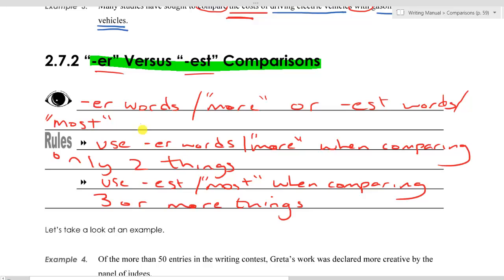So you might even want to add to your tip-off clue, you might want to add a number, and a number in the sentence.